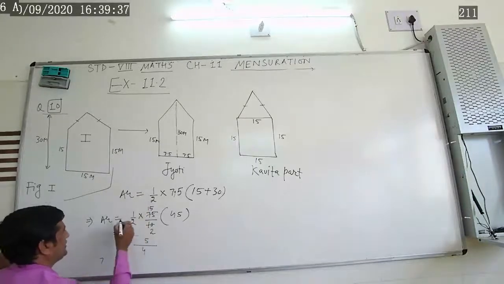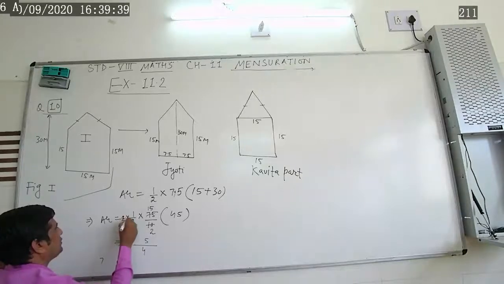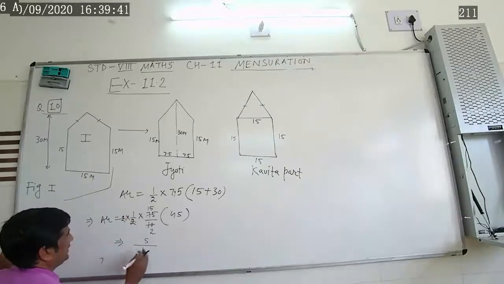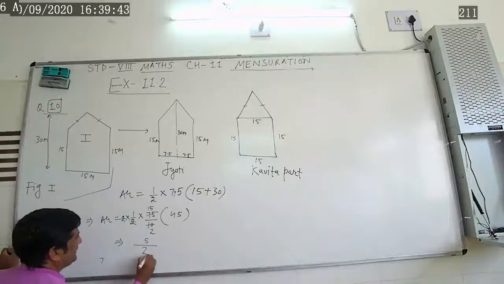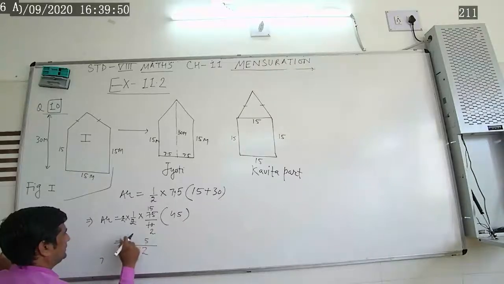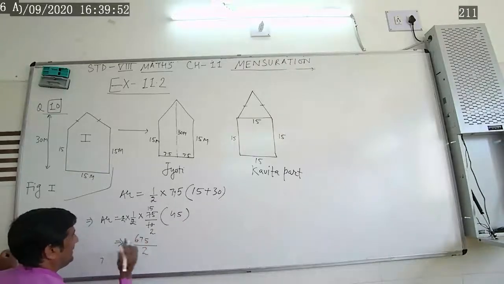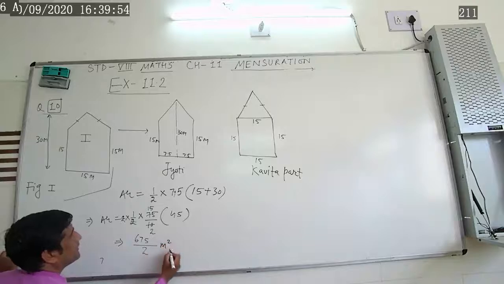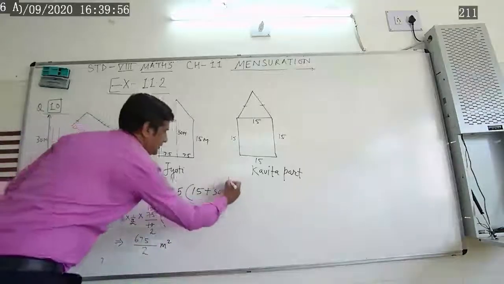There are two triangles, so we can multiply with 2 also. 2 and 2 will get cancelled out. So over 2 will remain. 675/2 meter square. This is the area of the first part.